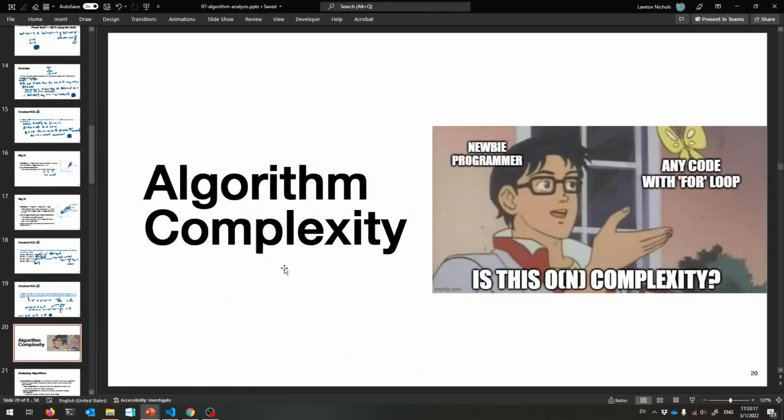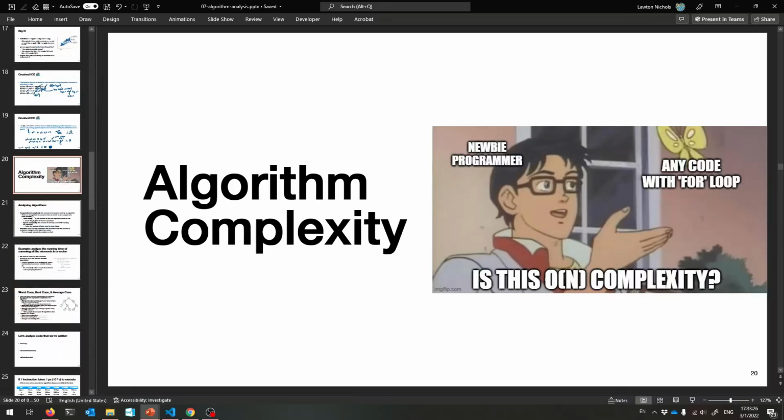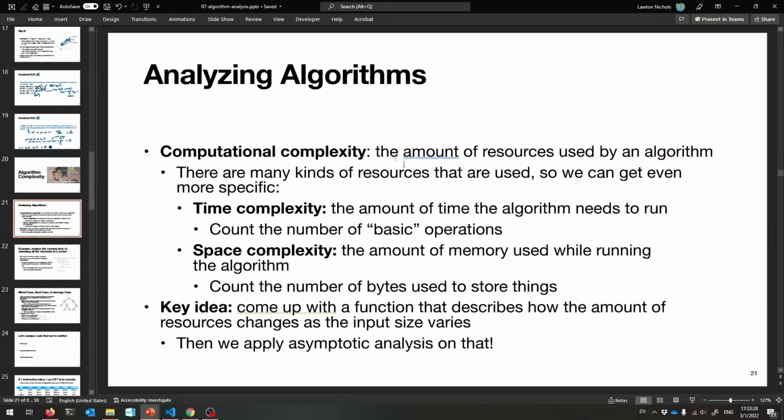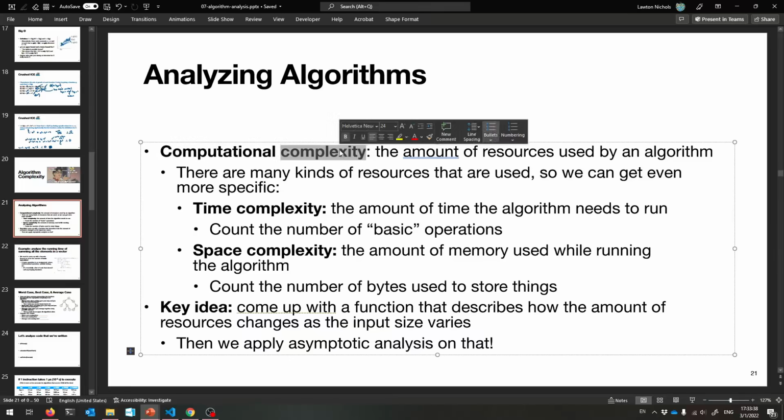How do we come up with a function that represents something about how our algorithm executes, and then apply big O to that? What does that all mean? Okay, so let's talk about it. We would like to find the computational complexity of an algorithm, which just means, like, how many resources are being used by the algorithm as it's running? Okay, that's what it means to ask about the computational complexity.